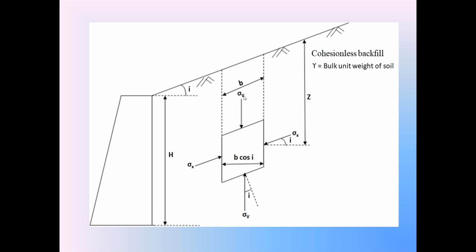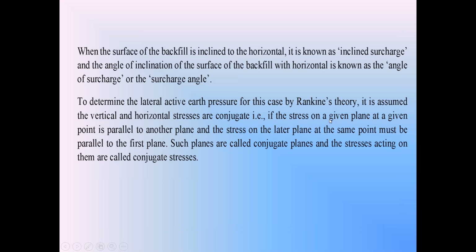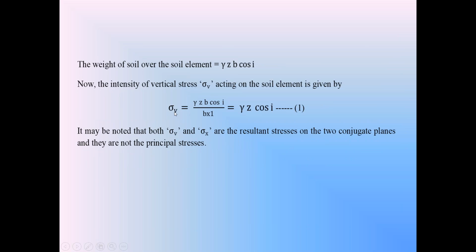So you will get the vertical stress acting on the soil element at a depth z from the top of the inclined surface backfill, given by sigma Z is equal to gamma z cos i.